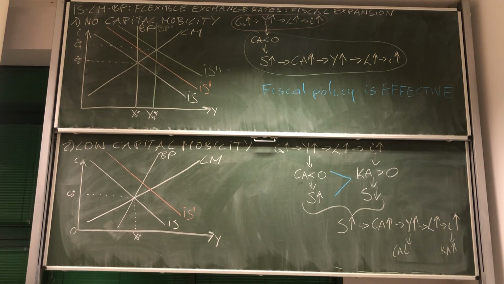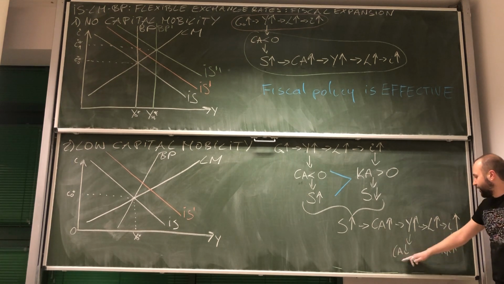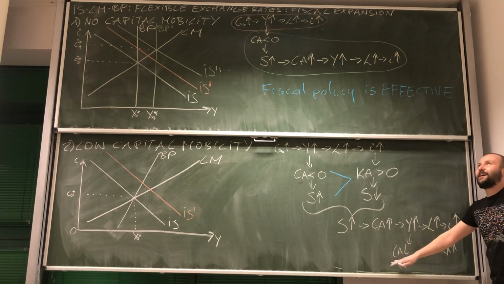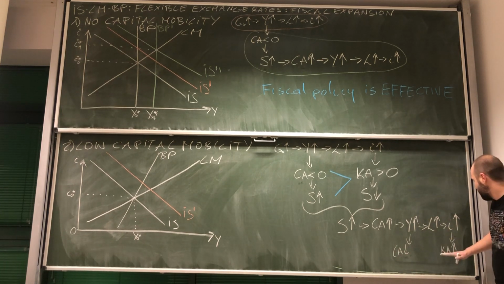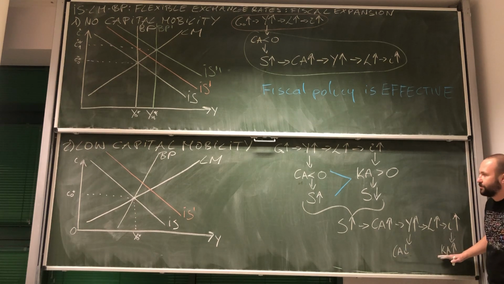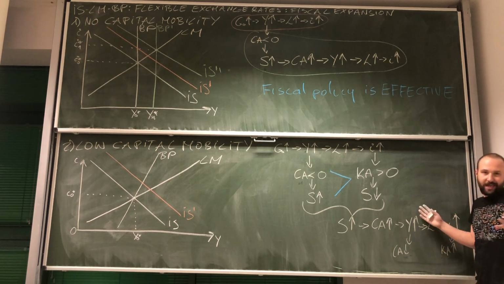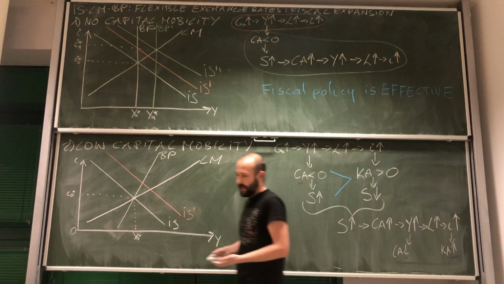So, what is happening over here? Well, we have an equilibrium imbalance of payments, but here the current account deficit is compensated by the capital account surplus, which still can bring an equilibrium exchange rate.